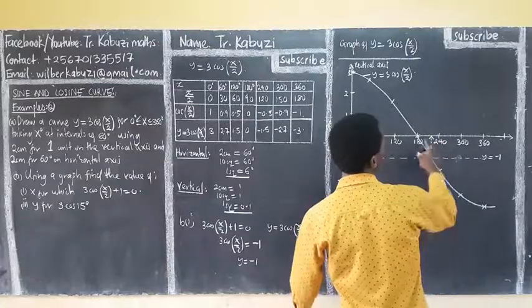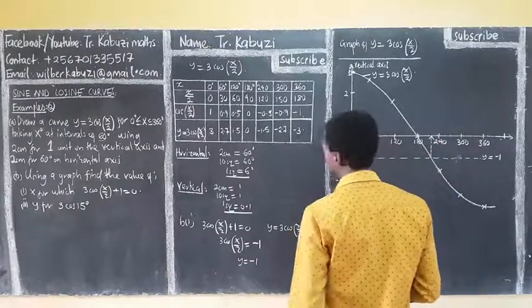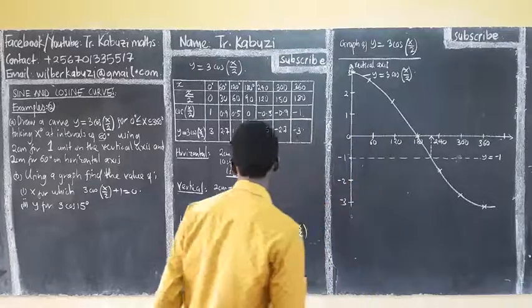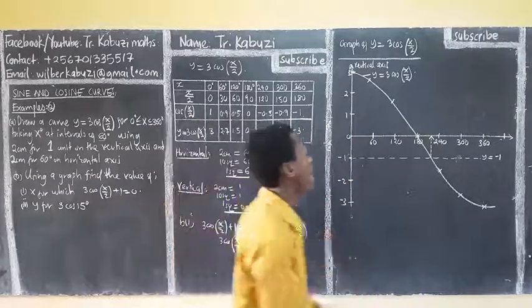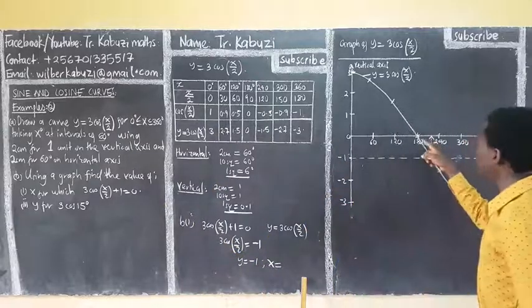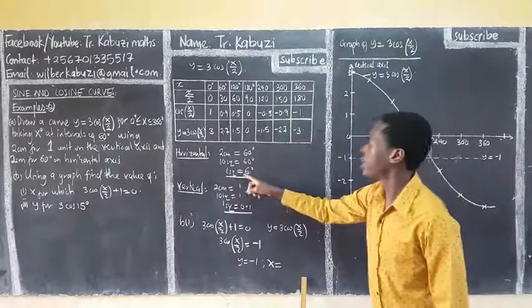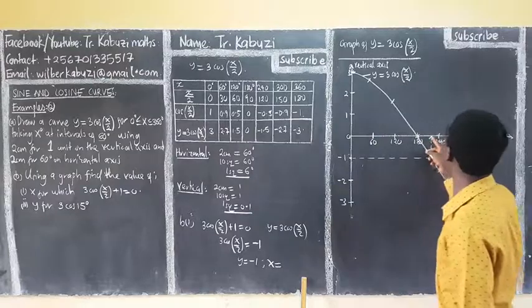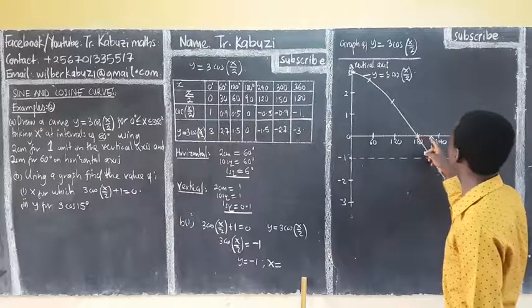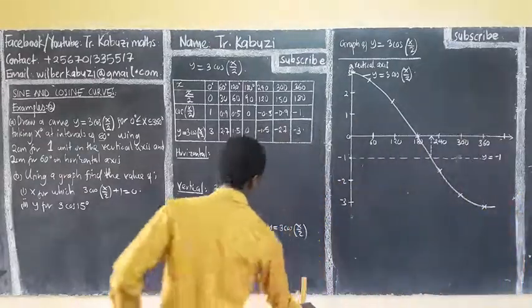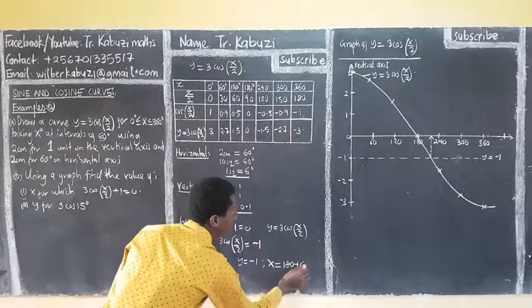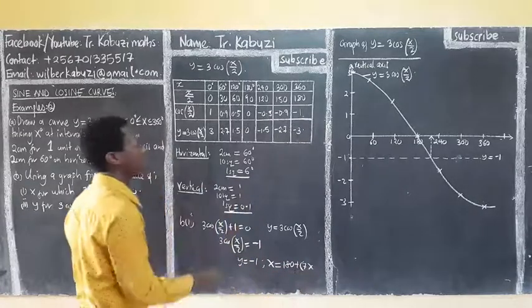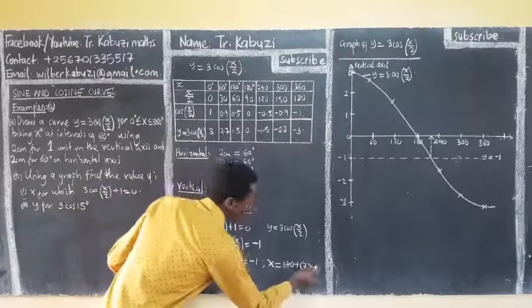I'm seeing from here there are almost 7 small squares. So the corresponding x value here, we say every one small square is representing 6. So from here, I have 180 plus these ones, which are 7. So it will be 180 plus the 7 small squares times what each small square is representing, which is 6.